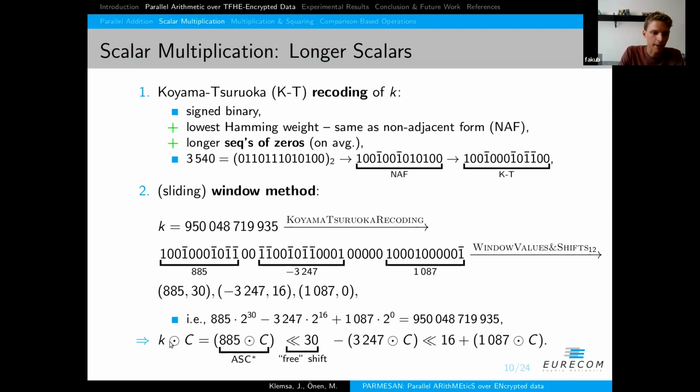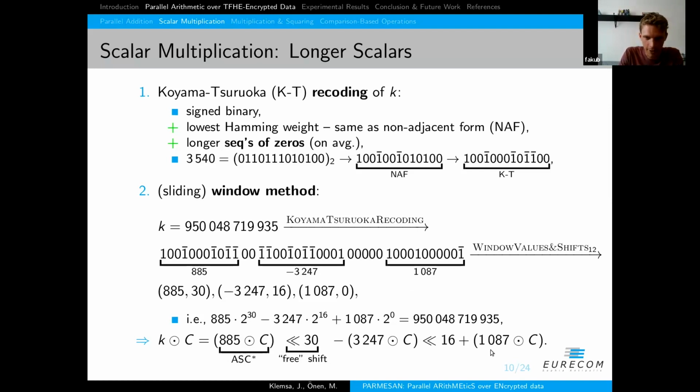To multiply k, this crazy integer, by an encrypted number c, we first decompose it into these 3 windows, and we take each of these windows and multiply using the optimal free doubling addition-subtraction chains of fewer than 12 bits.